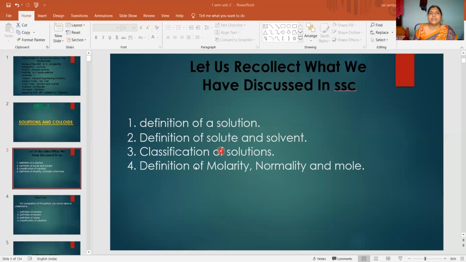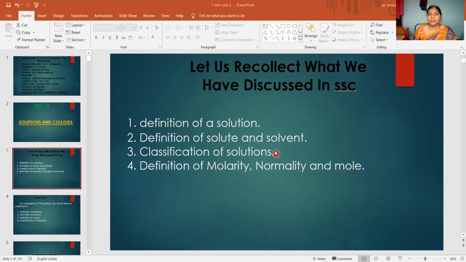Then we come to classification of solutions. There are many classifications: first, classification based on physical state, and classification based on saturation, that is saturated solution, unsaturated solution, and supersaturated solution.